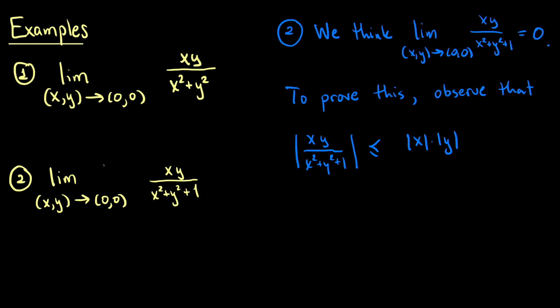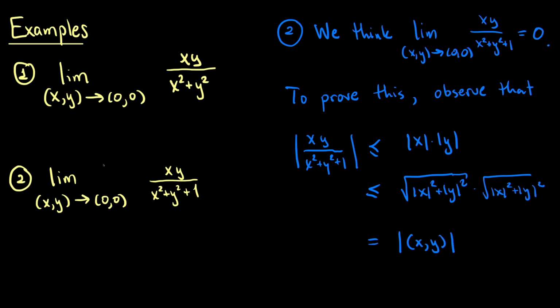Okay, well, x times y, each of those is less than the square root of x squared plus y squared. Because if I threw this part out, I would get the absolute value of x back, and if I threw this part out, I'd get the absolute value of y back. So I just made it bigger. And this is the length of the vector (x, y), squared.